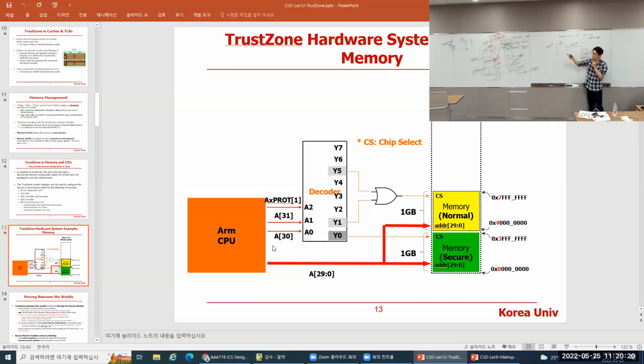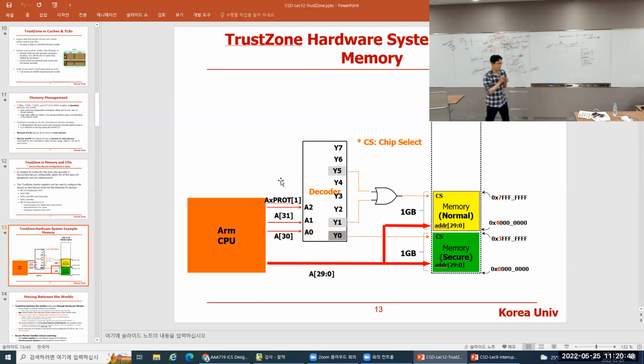Simple. Right? So using a decoder, so 1 gigabyte. Right? So decoder, right? Only one output is hot, one output is 1, depending on these three inputs, then 8 outputs. Right? Decoder.